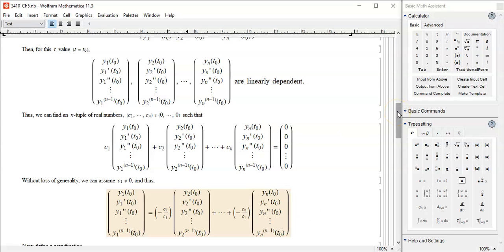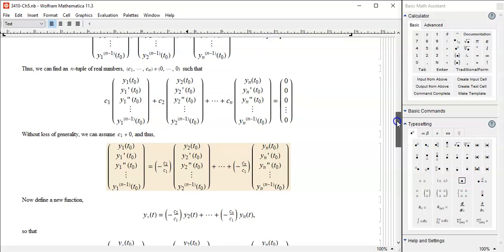Now, how will that help? Using the same linear combination, we just define a new function which we call y star. y star of t is negative C2 over C1 y2 plus negative C3 over C1 y3 and so on. We define it like that.